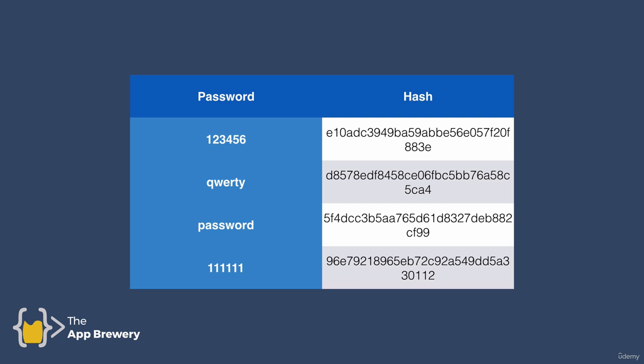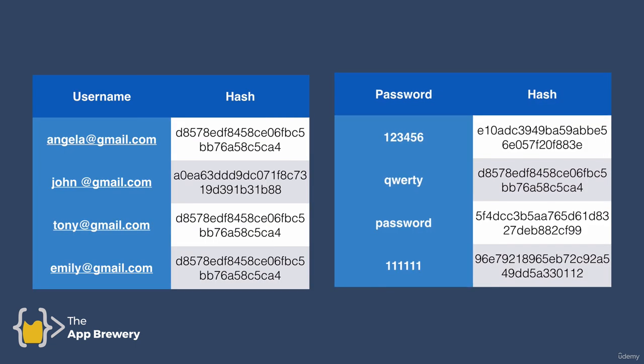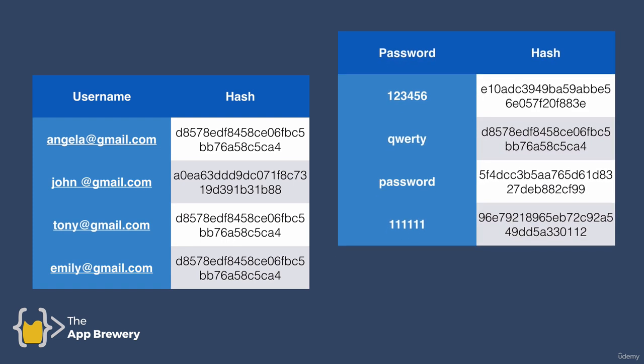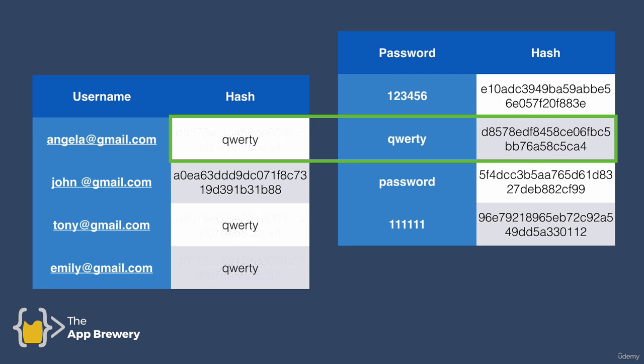And so you generate this hash table, and then all you have to do is just look up the hash of the user and compare it against the hash you have in your table. So you search by the hash value and you land upon the password, which is QWERTY. So now you figured out that 3 out of 4 users in this table all have the same password, and it's QWERTY.